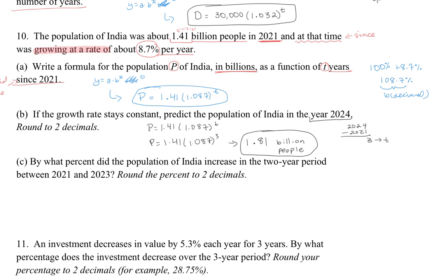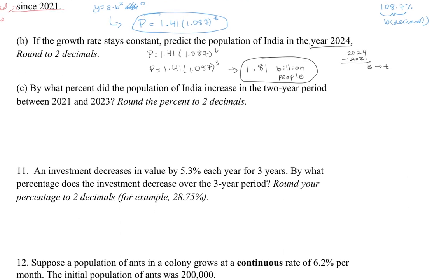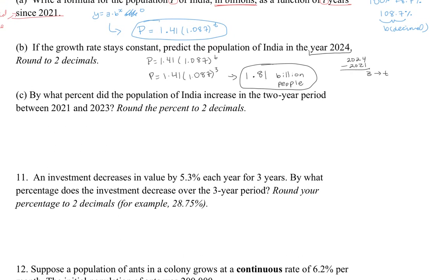All right, C says, by what percent did the population of India increase in the 2-year period between 2021 and 2023? So this one's a little weird. We have to do 2 steps. So we first have to do what we did in B, where we have to find the population in the year 2023. And it does tell you that it's a 2-year period, so we know we're going to be solving for P when T is 2, right?